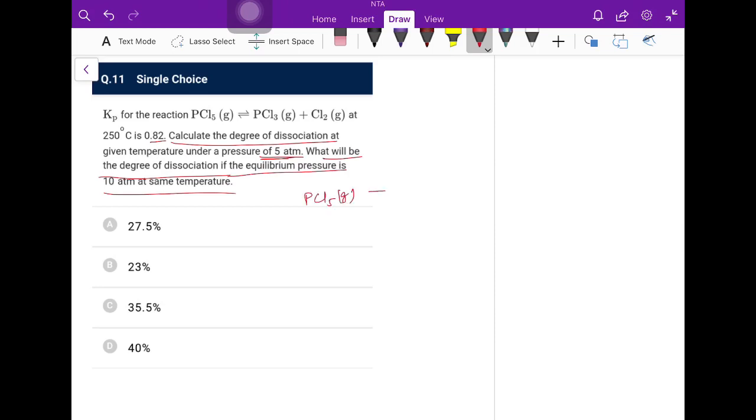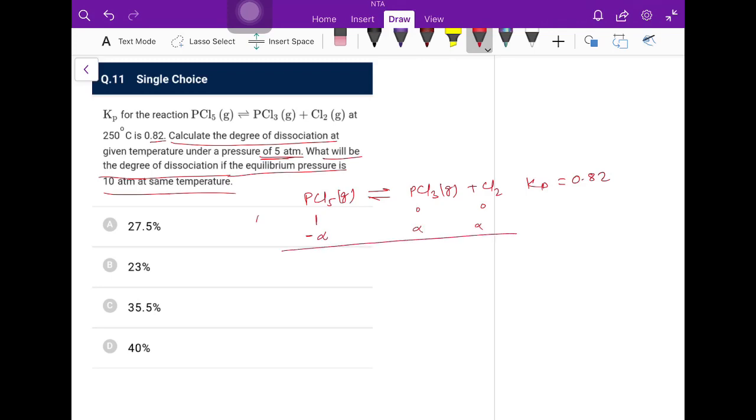PCl5 gas is being decomposed to PCl3 gas and Cl2 gas. We have been given the value of Kp, 0.82, and we have been asked to calculate the degree of dissociation. So let us assume the gas contains initially 1 mole, minus the degree of dissociation alpha, so minus alpha, alpha and alpha.